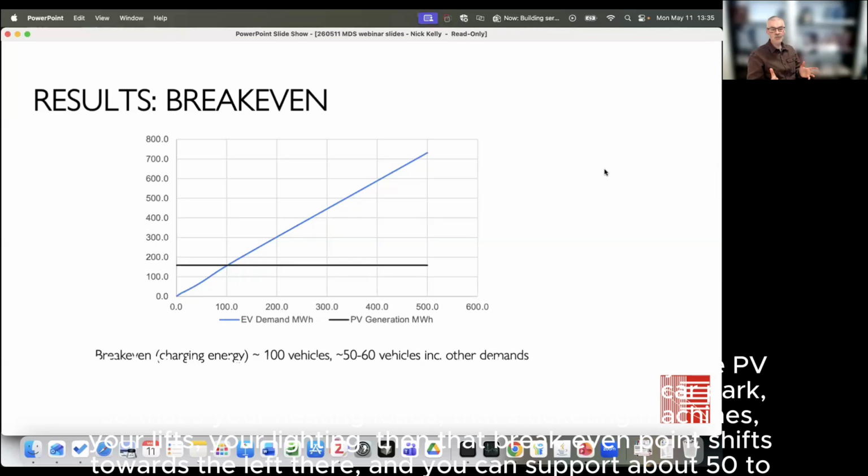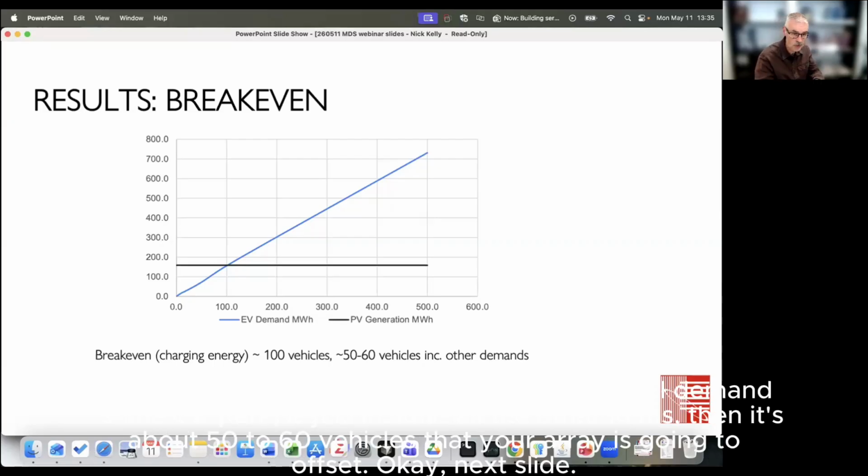If you take the other loads in the car park, that's your heating loads, ticketing machines, your lifts, your lighting, then that break-even point shifts towards the left, and you can support about 50 to 60 vehicles. So if you look at the overall electrical demand for the car park, including all the other loads, then it's about 50 to 60 vehicles that your array is going to offset.